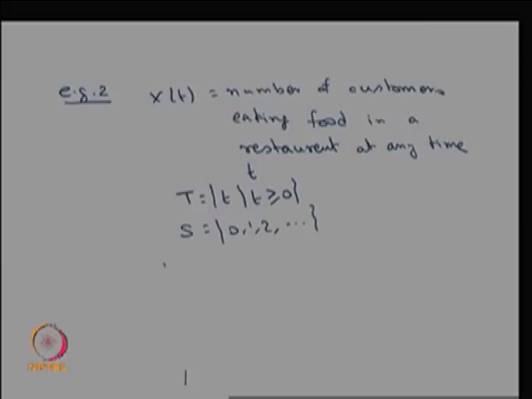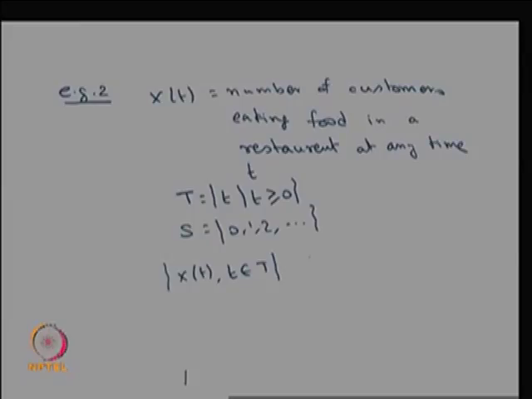Therefore, this collection of random variables over t is going to be a continuous time or continuous parameter discrete state stochastic process. This is a very typical example. So this S could be countably finite or countably infinite also.